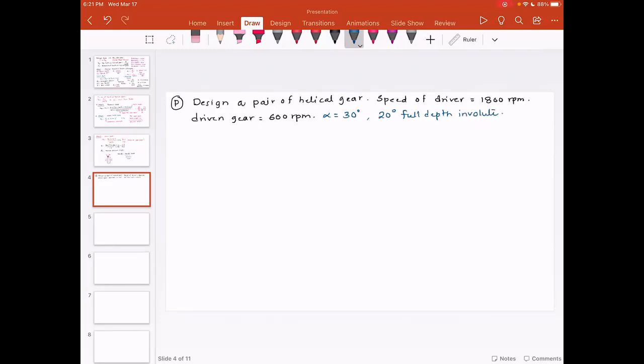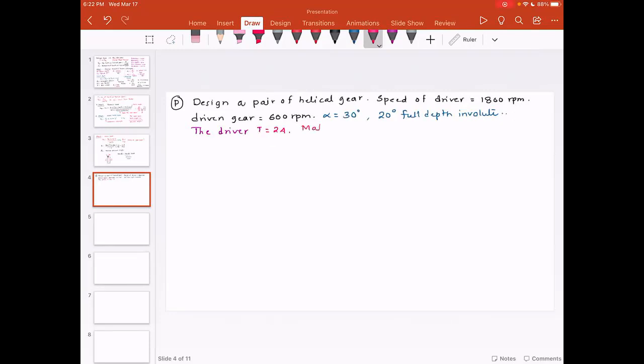Which means this gear has a similar profile to that of a 20-degree pressure angle spur gear. Then the driver gear has number of teeth T equal to 24, and both gears are made of cast steel.